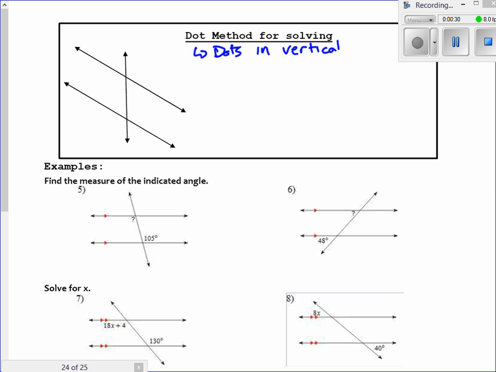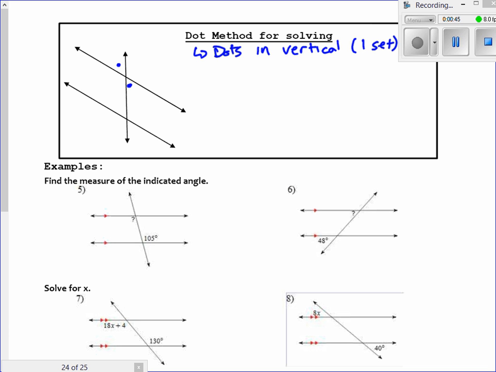So you basically got the two sets of angles, right? You got your four angles up here and your four angles down there. So you're going to pick one set of vertical angles and put some dots in it. So for example, we'll put dots there and there.